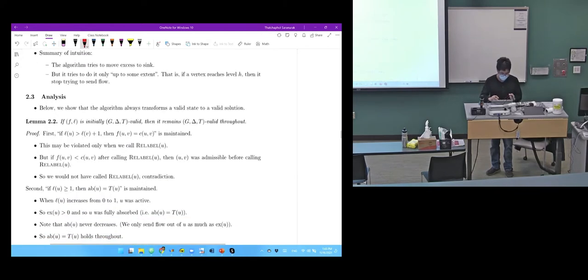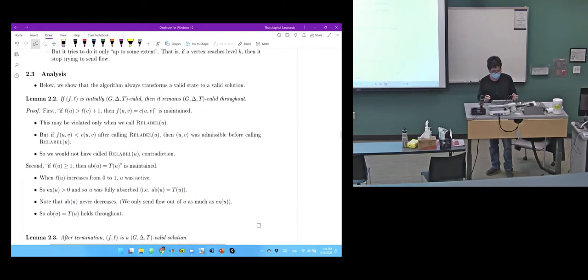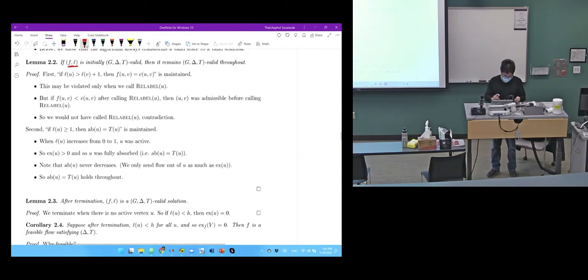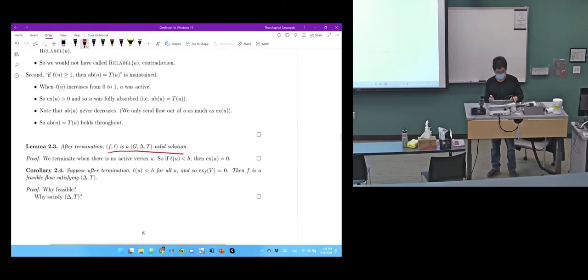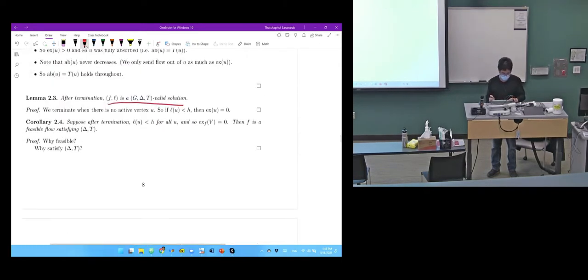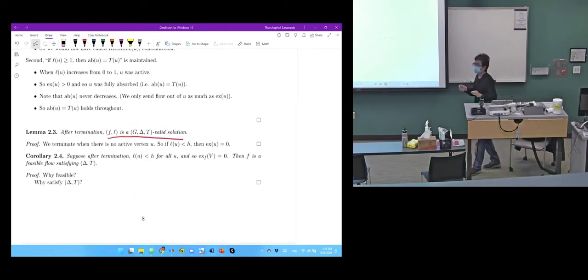And we have seen the proof that indeed the algorithm maintains that F and L is valid throughout, and at the end, F and L will be a valid solution. So the algorithm is indeed correct, and we also bounded the number of operations.